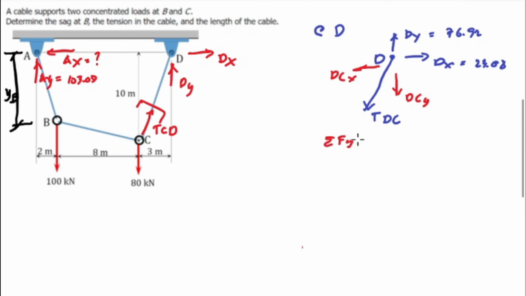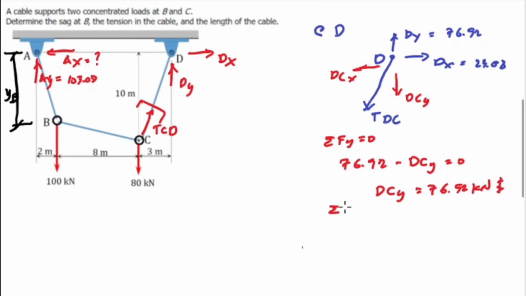Summation of forces along y is equal to 0. So dy and dcy, and the value for dy is 76.92 positive, and dcy is negative, minus dcy is equal to 0. So dc sub y is equal to 76.92 kilonewton, and it is upward direction.